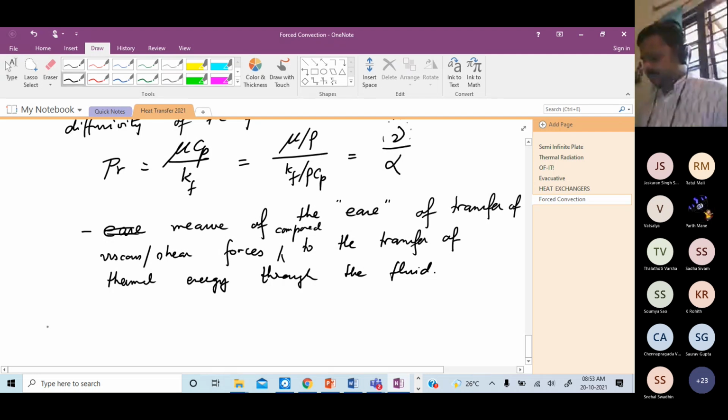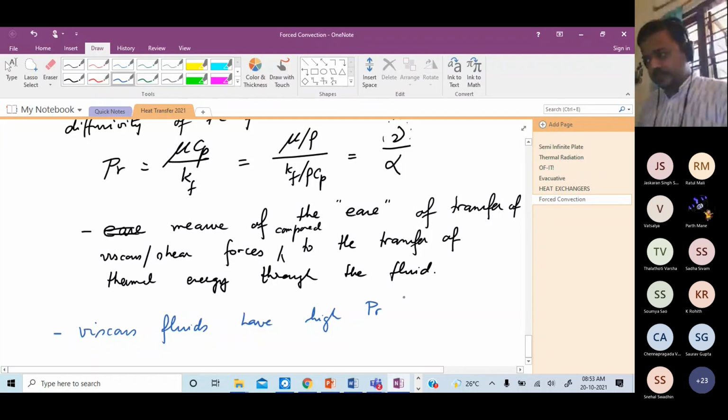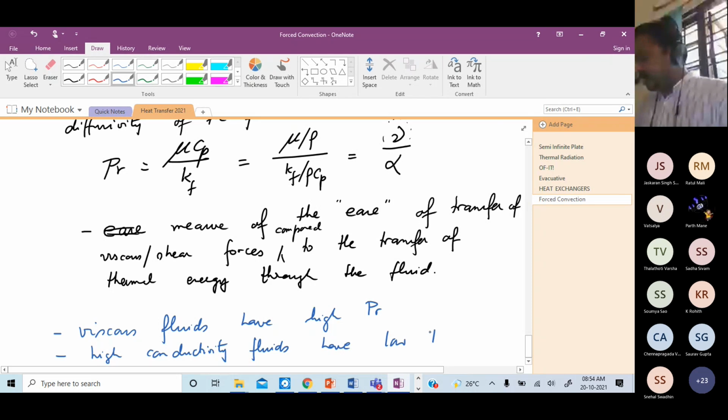Okay. So as you can see, a few things. Viscous fluids have high Prandtl number. High conductivity fluids like mercury, etc., have low Prandtl number.